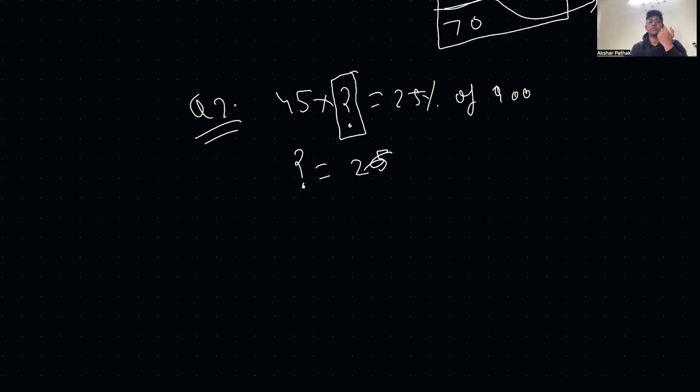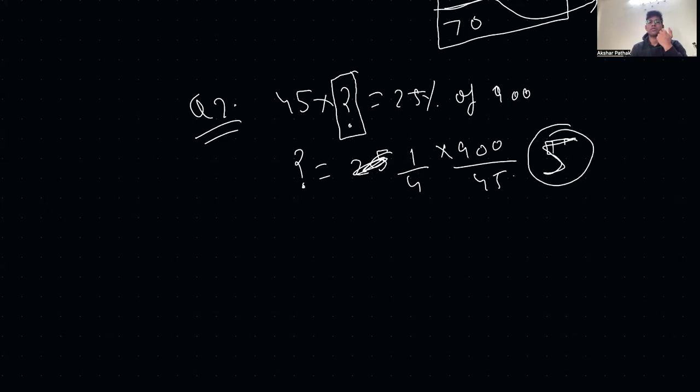Of means multiplication. So 1 by 4 of 20 is 5. Yeah, the value is 5. You could calculate it. It's not difficult.